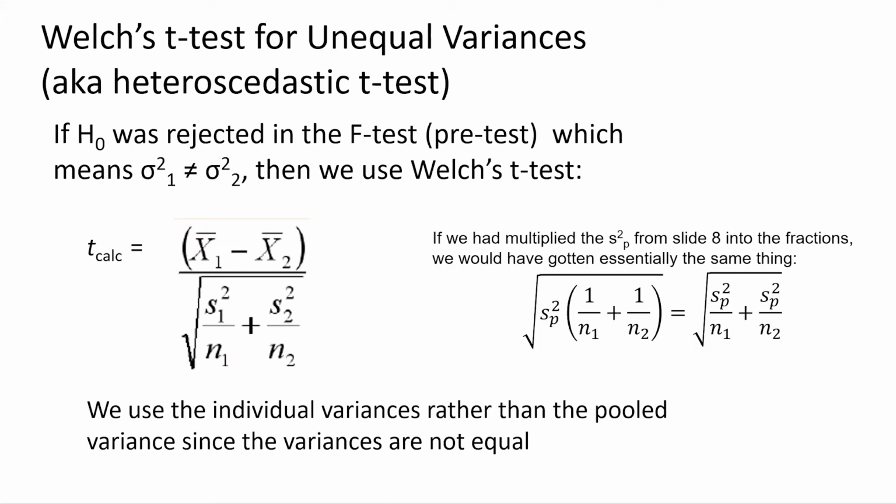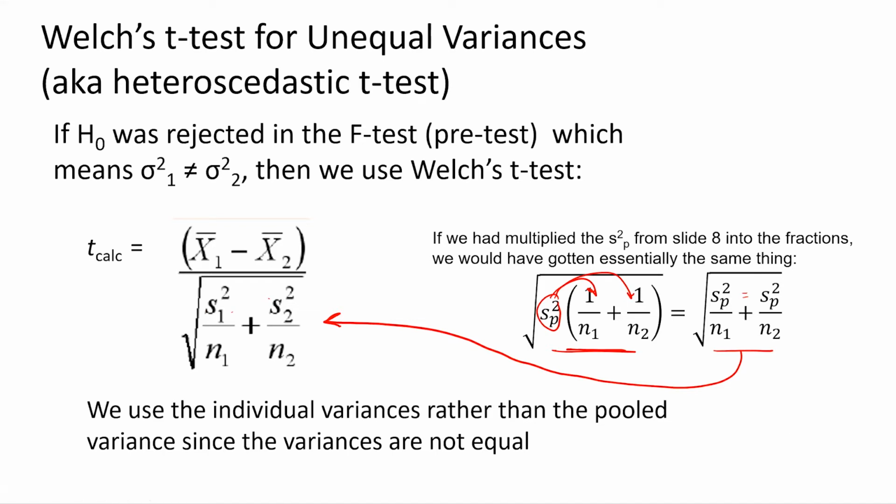If we had multiplied the pooled variance from the last slide into the fractions, we would have gotten pretty much the same thing, right? This is what was in the last slide. If we distribute this value into here, we get this, which looks almost identical, except here we have two different variances, compared to here, where we've got the same variance in the numerator.